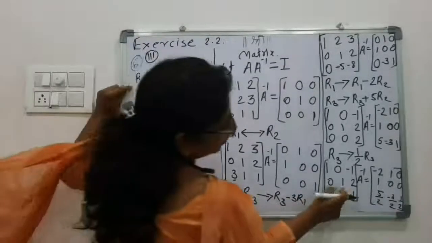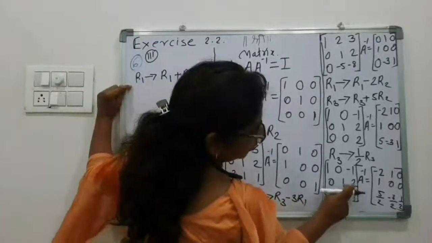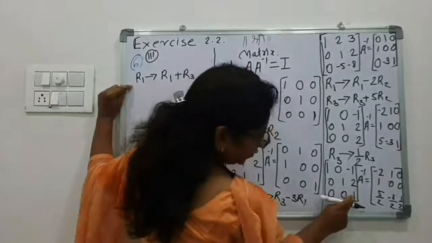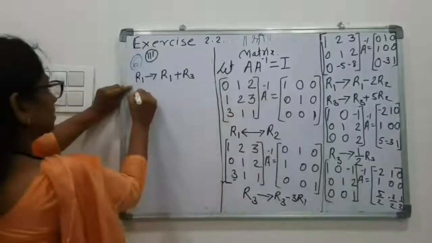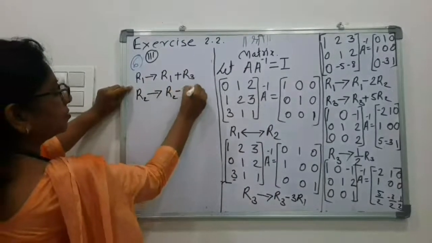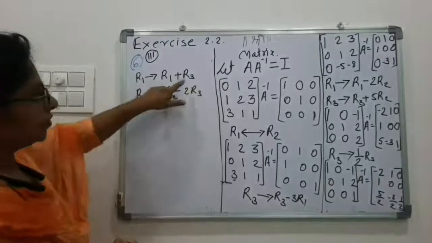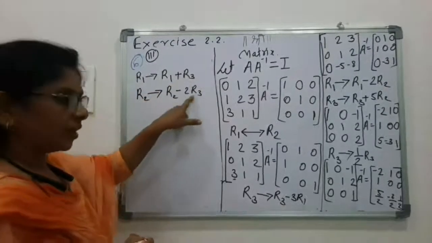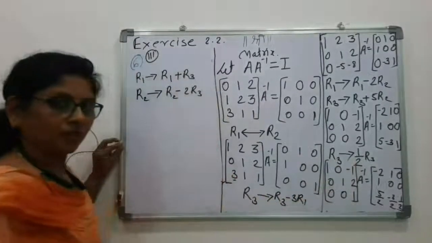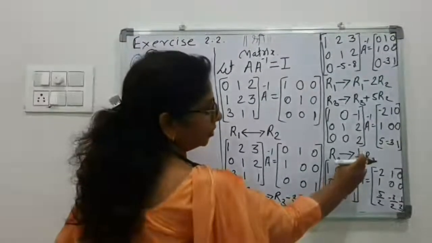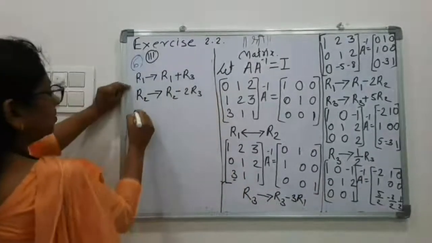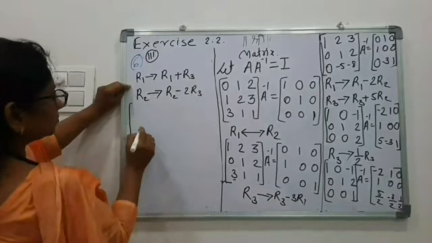Now R2, here 2, if we subtract 2 from this, we will get 0. Means multiply this by 2 and then subtract from this. That is R2 changes to R2 minus 2R3. Now here also we are using R3, here also we are using R3 because third column. Okay, we are doing the operations for third column only. Okay, so apply the transformations.